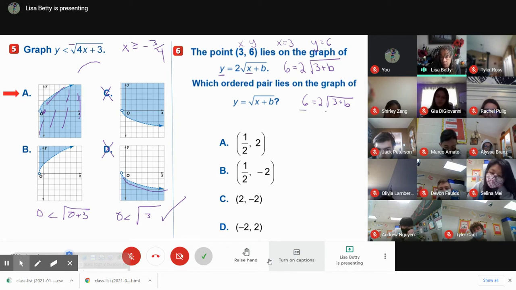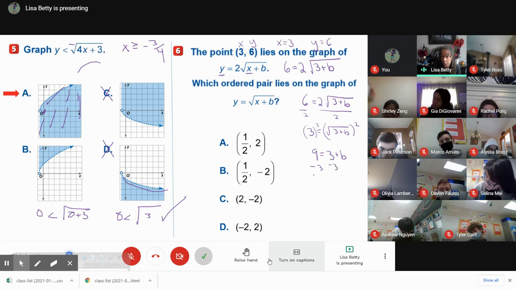So you will do math and you will solve. You'll divide both sides by 2, and you'll get 3 equals the square root of 3 plus b. And then we'll square both sides to get rid of that radical, and we'll get 9 equals 3 plus b. Then we'll subtract 3 from both sides, and we'll get b equals 6.